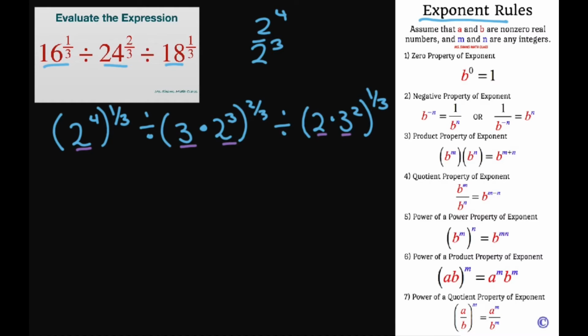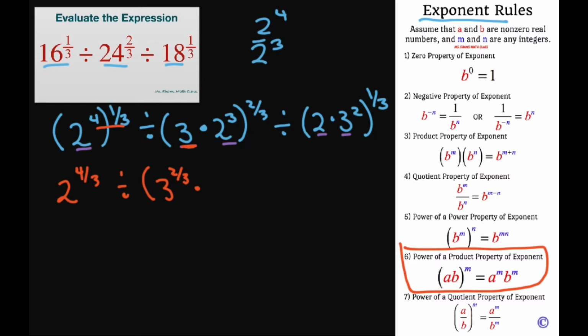Now let's go ahead and use our power property of exponents here. So I'm multiplying these exponents. So this is going to be 2 to the power of 4/3 divided by, now this one we have two terms, so this is going to be 3 to the power of 2/3 times 2, and what happens here is when you multiply these, the 3's cancel.